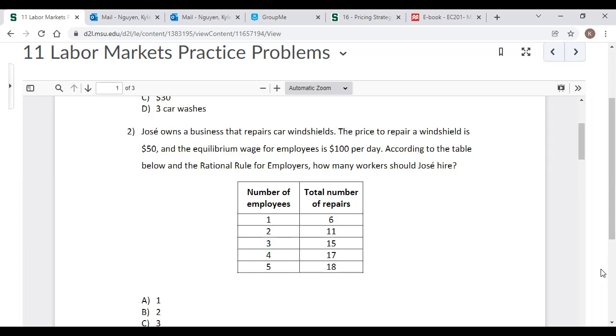If we only made 1 additional repair, we would do 1 times 50, because we still charge people 50, not 150. My apologies. So 1 times 50 is 50, and that's our marginal revenue product. However, our marginal cost is 100, and 100 is more than 50. So we actually wouldn't hire a fifth employee because the money it costs us to hire them is more than the money they make for us.